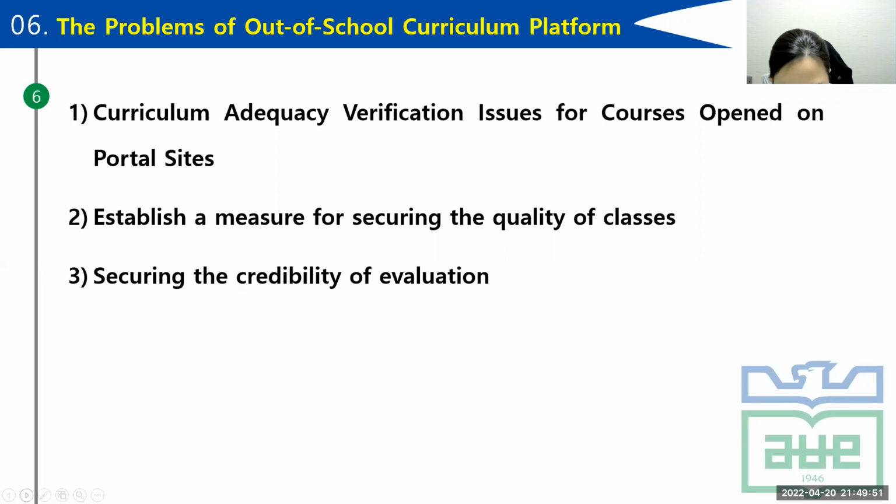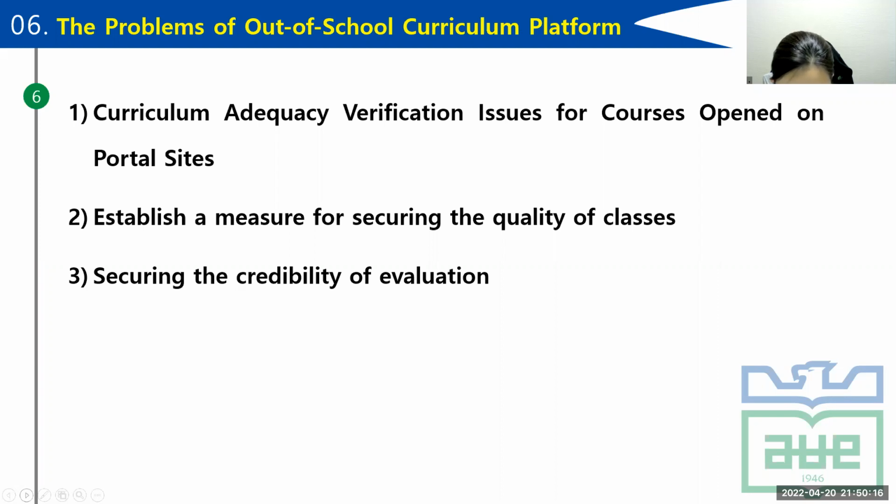And the regulation should be prepared to allow the classes to be opened after deliberation on the classes outside the school. It is necessary to establish a scale for securing the quality of the classes.